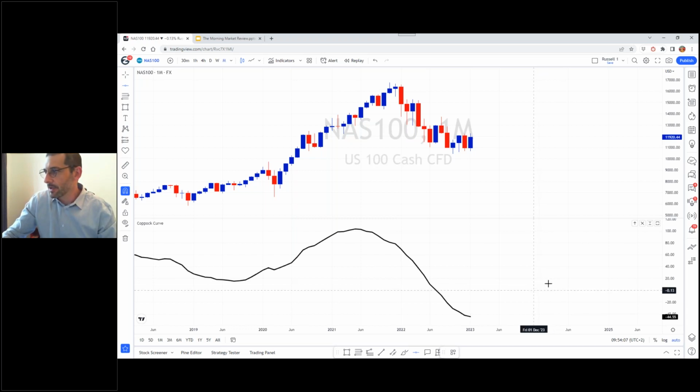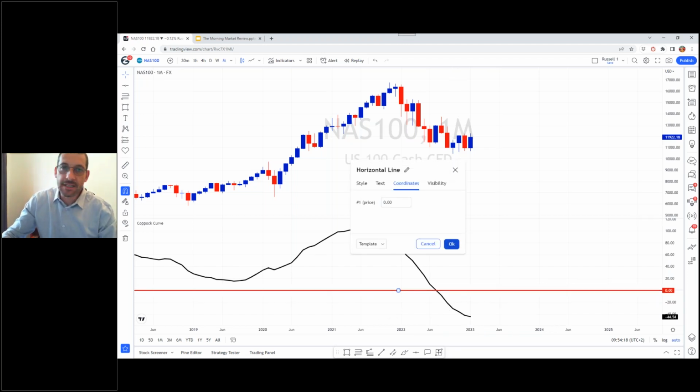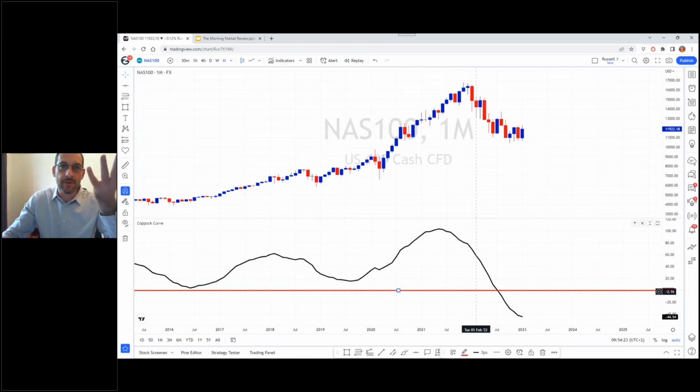We have to watch for the zero. So are we under the zero? Yes, we are. Under the zero. The next thing that COPOC suggested is that it needs to turn up.